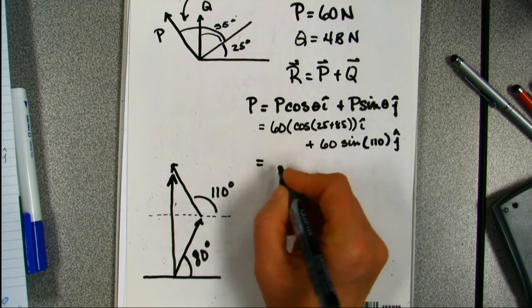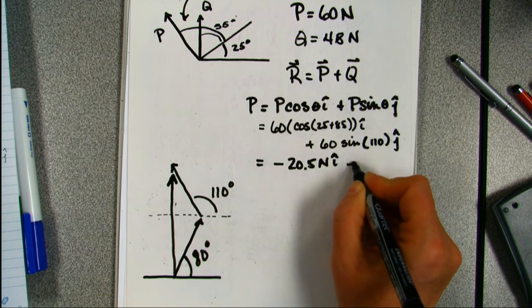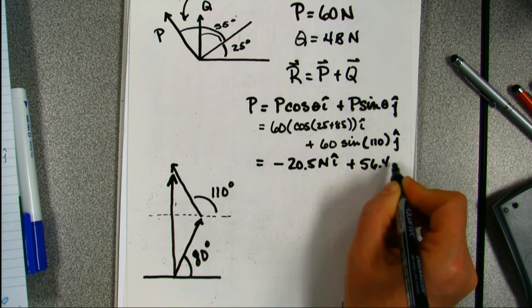J is going to give me P is negative 20.5 newtons in the I direction and 56.4 in the J direction.